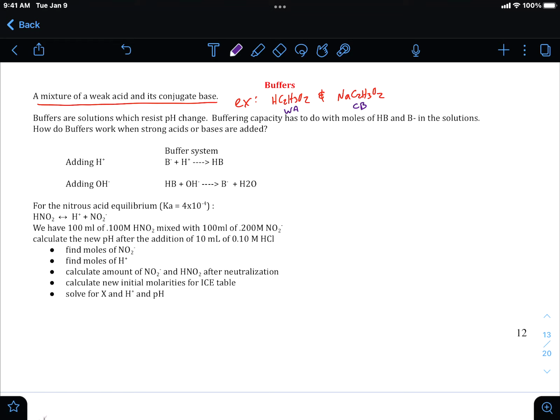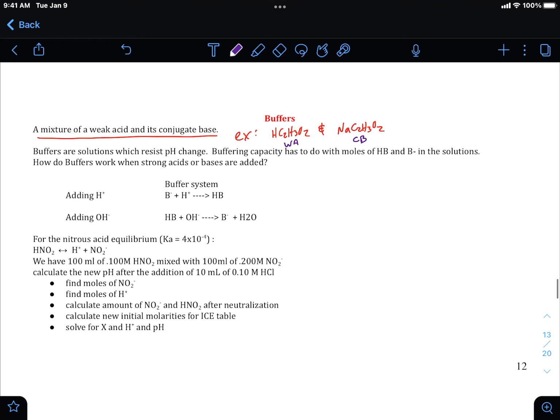Now, this also works secondary. The other definition from the base perspective is it simply could be a mixture of weak base and its conjugate acid. That is also a buffer. If you have the conjugate pair in solution, that is a buffer, whether you start with the weak acid or you start with the weak base.